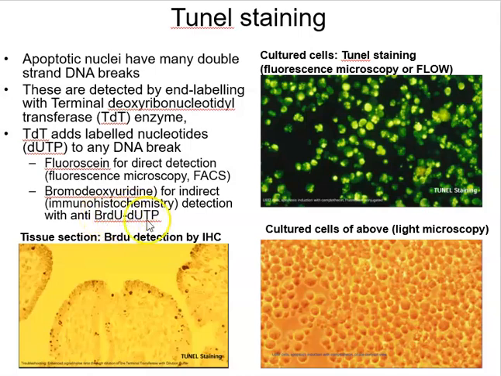This is just a modified nucleotide that TdT can add, and you add the enzyme and the nucleotide, you see where it incorporates new nucleotides, and then you detect these nucleotides with an antibody that recognizes the BrdU modified nucleotide, and these cells that are black here are apoptotic, and you can also see they look like they've got condensed nuclei. So that is TUNEL staining, which can be done by flow cytometry, fluorescence microscopy, or chromogenic immunohistochemistry.